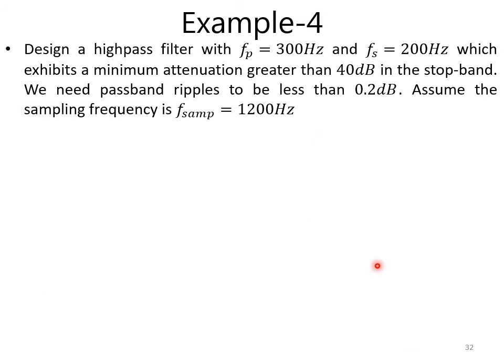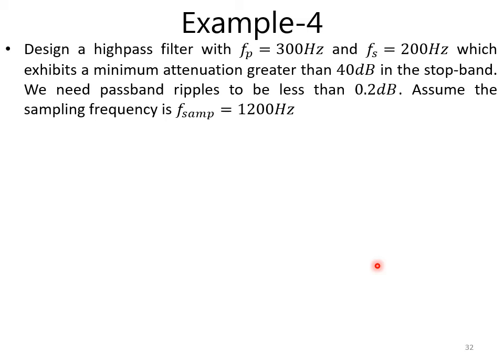Now in example number 4, we have to design a high pass filter. The corner frequencies for the high pass filter are pass band frequency 300 Hz and the stop band frequency 200 Hz. So the pass band starts from 300 Hz, and the transition actually starts from 200 Hz and it reaches the pass band at 300 Hz.